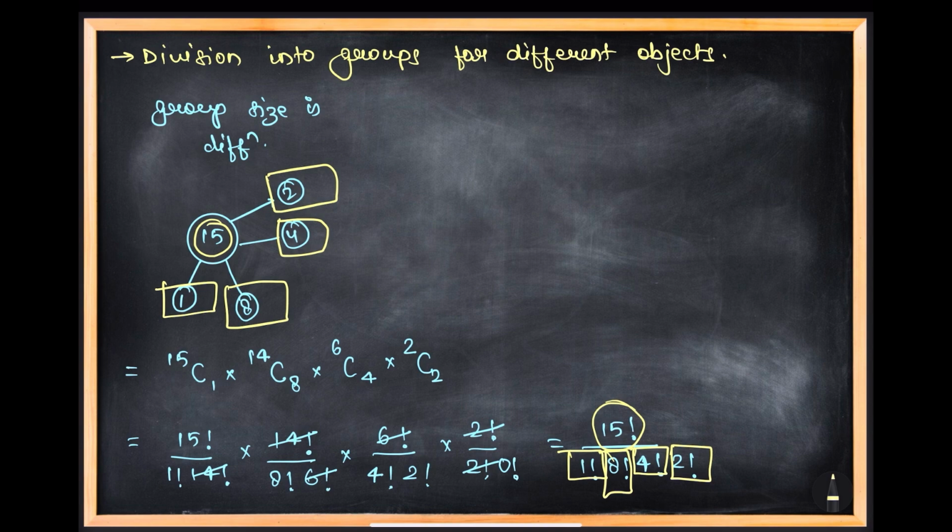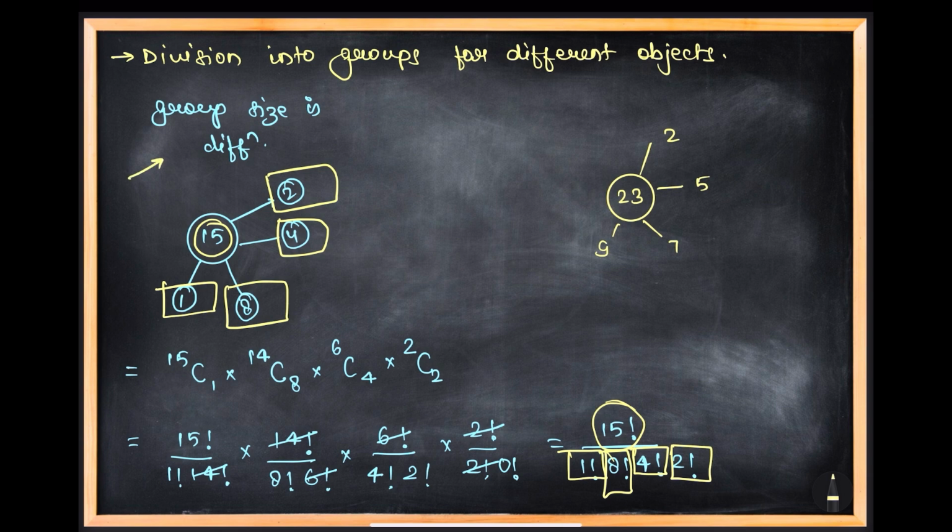Now suppose that next time you have to arrange 23 persons in groups of 9, 7, 5 and 2. First check whether these persons are different. So it is persons, so they would be different. You have to divide them into groups of 9, 7, 5 and 2.